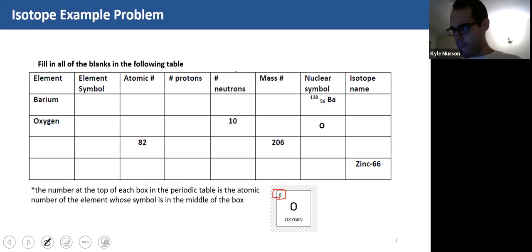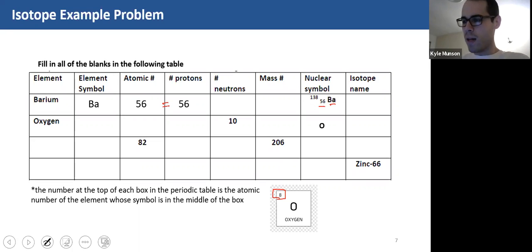So barium, if you look on the periodic table, you can get an element symbol, but it's also right here, okay? Because our nuclear symbol for barium is given. So its element symbol is capital B, lowercase a. Its atomic number, well, we can get that right here. It's listed on the bottom here of the nuclear symbol. So that is 56. Remember, the number of protons equals the atomic number. So that's also 56.